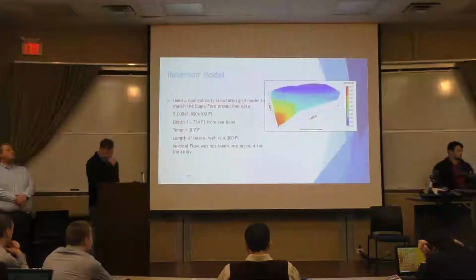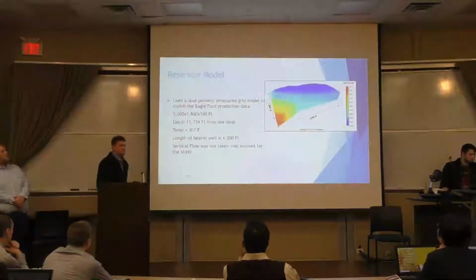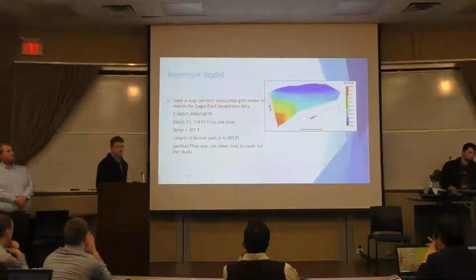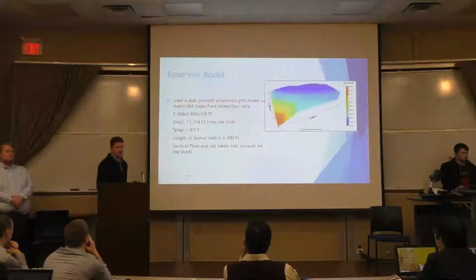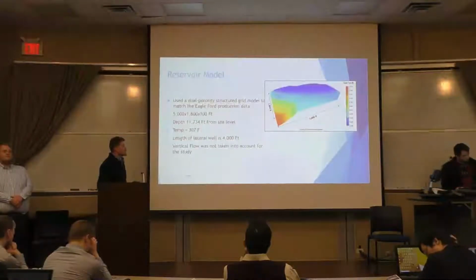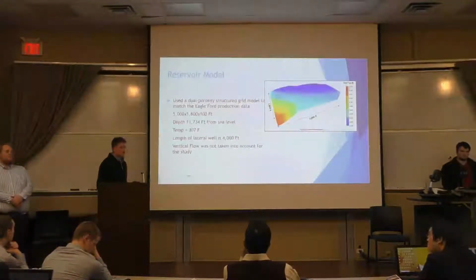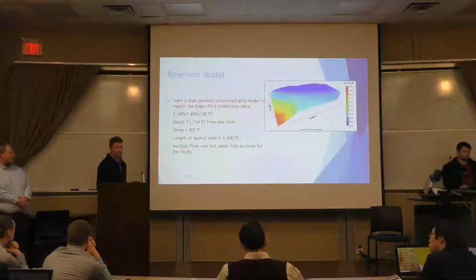Starting it, they had to create a model for the reservoir. Because this was only testing the flood of the CO2 injection, they didn't really want to go too in depth with the reservoir model. But to do it, they did a dual porosity structured grid model, which gave enough information and data but simplified the data, so it didn't take too much time to run the simulation.